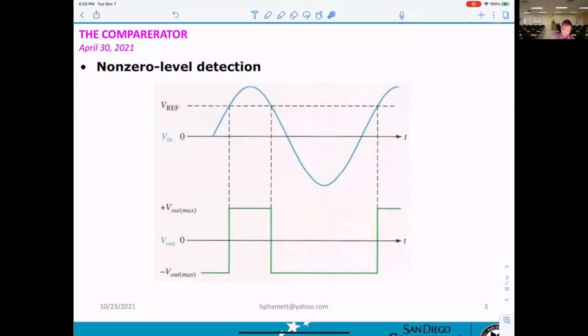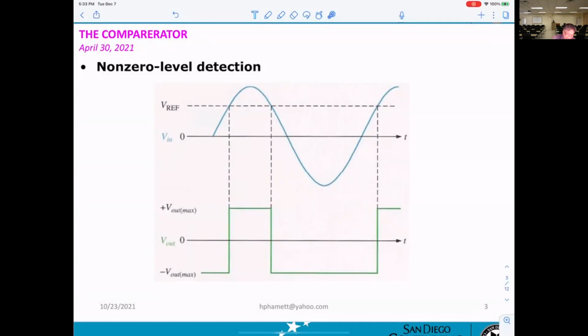Okay, now from here to this point, V in is higher than the reference. So the output now goes into positive saturation.